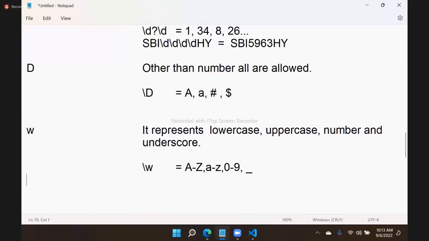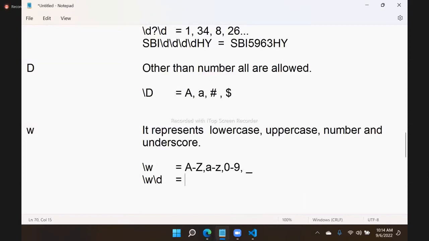That is actually \w. You can use combinations. Combinations we already know. Suppose I write \w\d, what does this mean? The first character can be anything, but the last character must be a number.